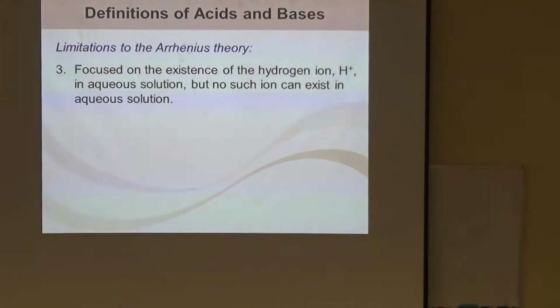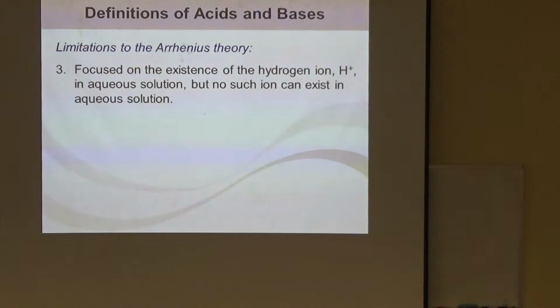The theory focused on the existence of the hydrogen ion, H+, in aqueous solution. But when scientists really started thinking about this, they realized this is a problem. If you think about it, H+ alone is just one proton. That is a very small particle. And the charge density is the charge over the radius. What's the radius of a proton?